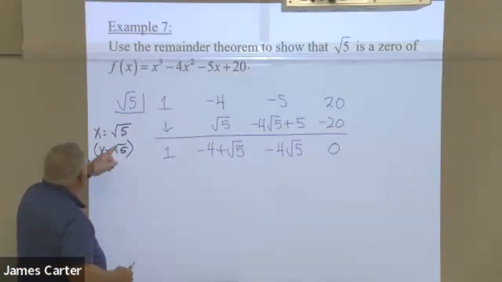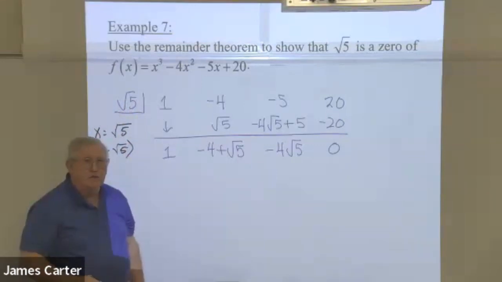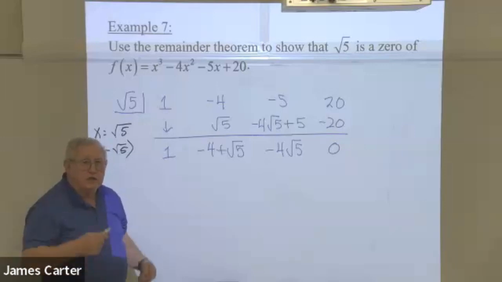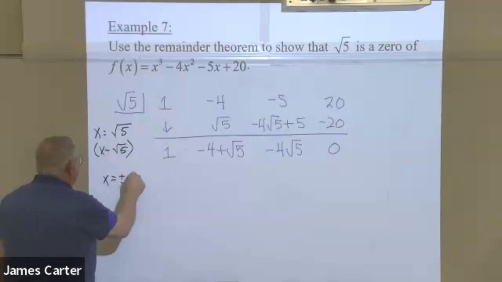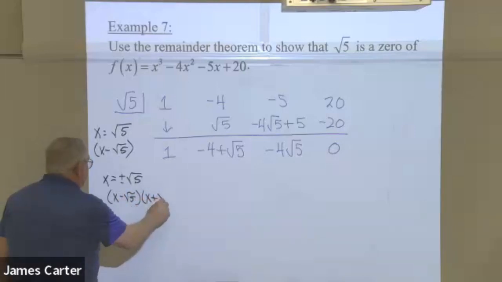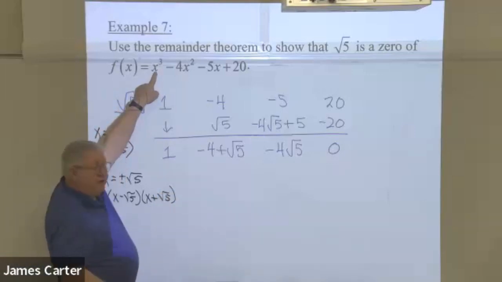Now, anytime you have a square root as a 0 of an equation, then you must also have its conjugate. That tells us also that you're going to end up with x equals plus or minus radical 5, and you're going to have x minus radical 5, x plus radical 5, and then some other value for x.